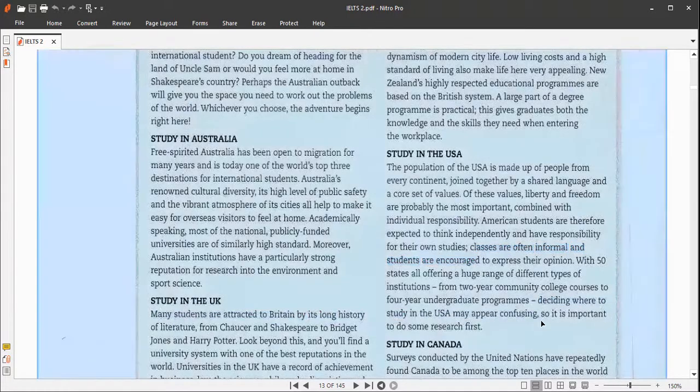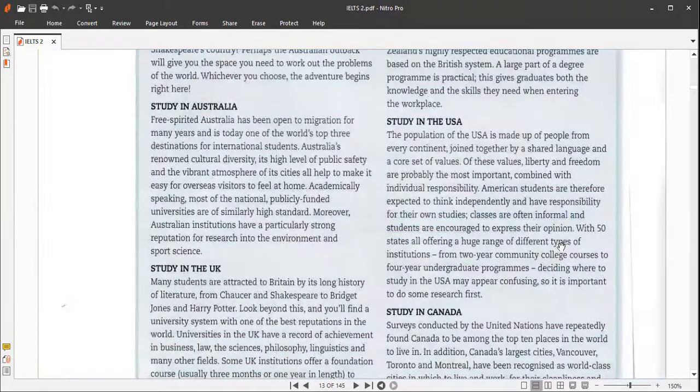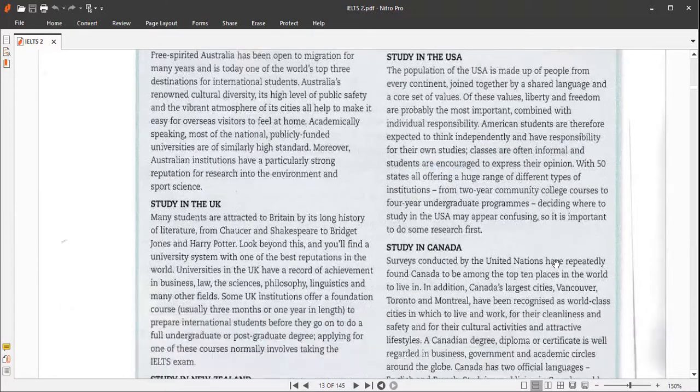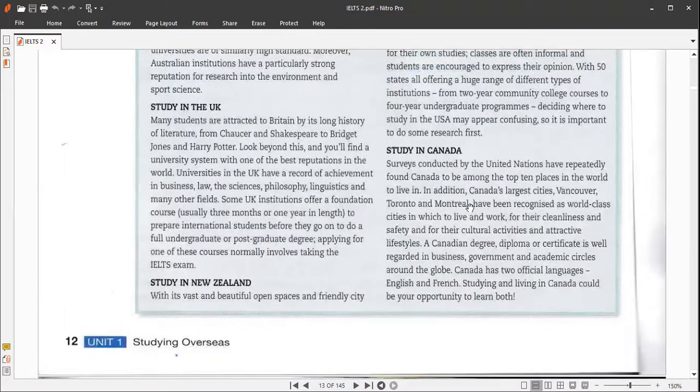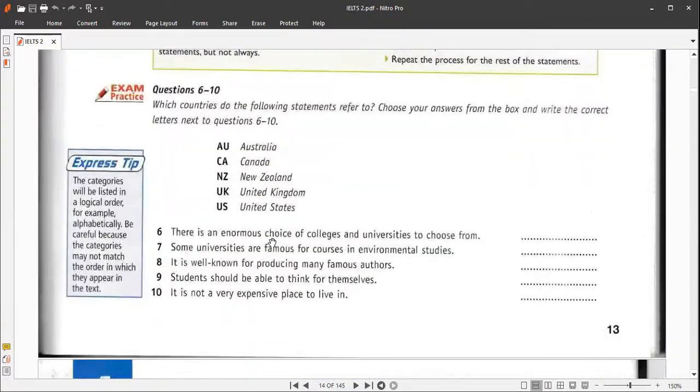Deciding where to study in the USA may appear confusing. So here in the US we have lots of choices. So the answer should be US, because it's enormous choice. Enormous means very big or very much, a lot.